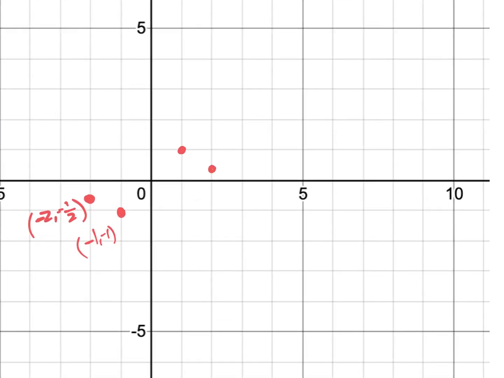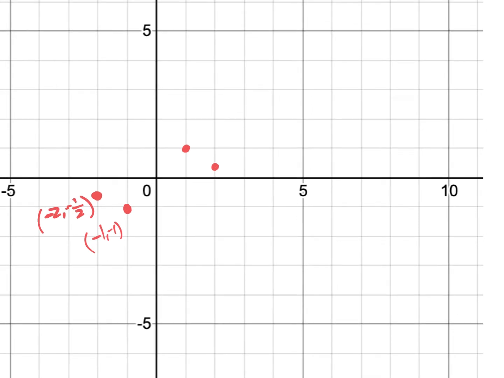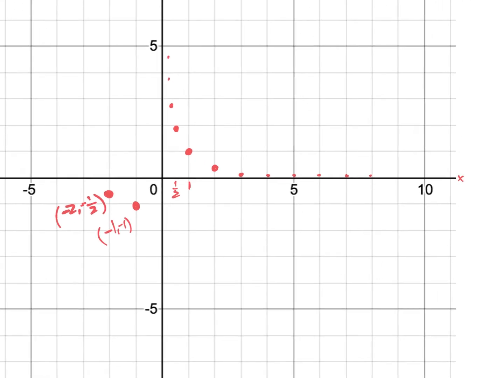Okay, and what we're going to notice as we take bigger and bigger values for x, or more negative values for x, is that the points on this curve get really close to this x-axis. Also if we took fractions in between 0 and 1, like 1/2 for example, these points get really close but don't actually touch this y-axis.